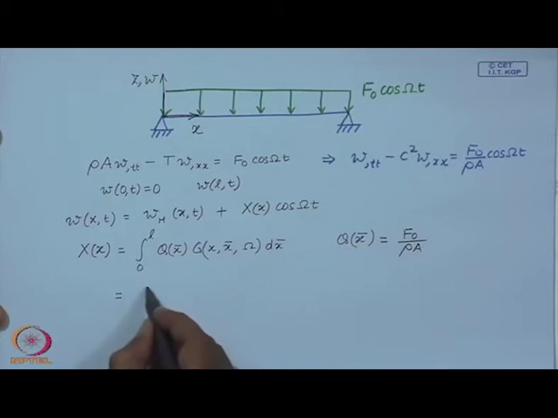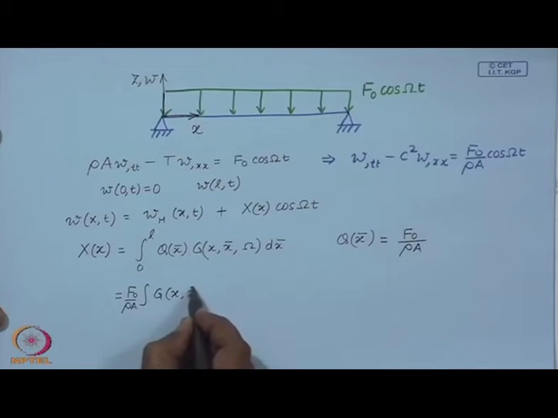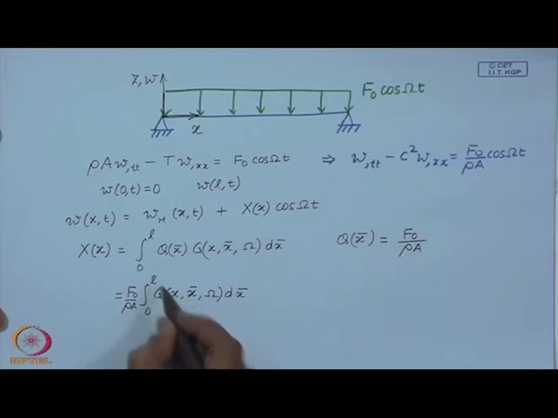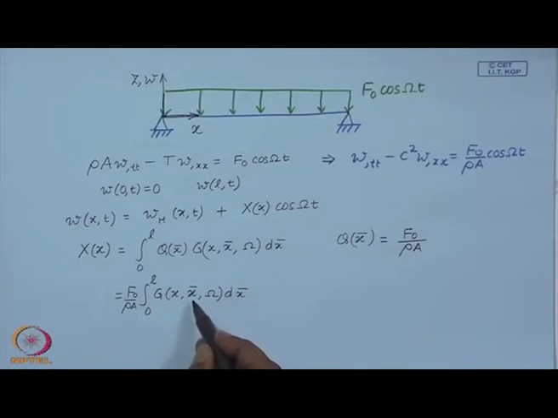So, we have to perform this integral of the Green's function from 0 to L. Now, remember that this Green's function is the response of the string when a concentrated harmonic force is applied at x equal to x bar. So, this is the response, or the amplitude at x, given by this Green's function.